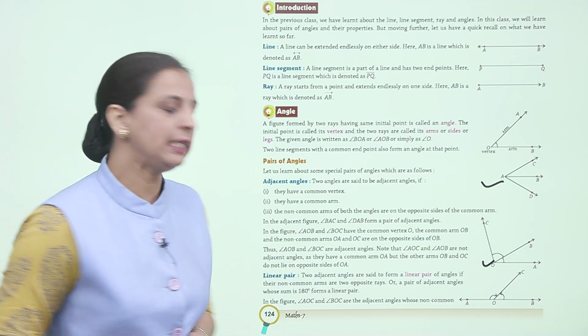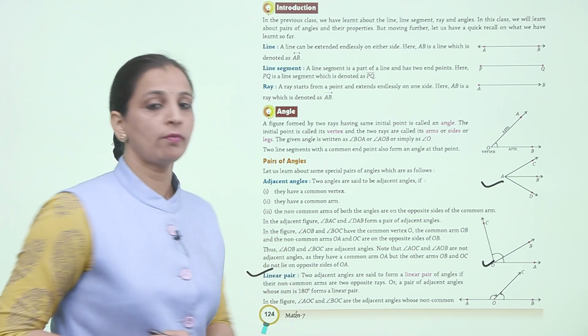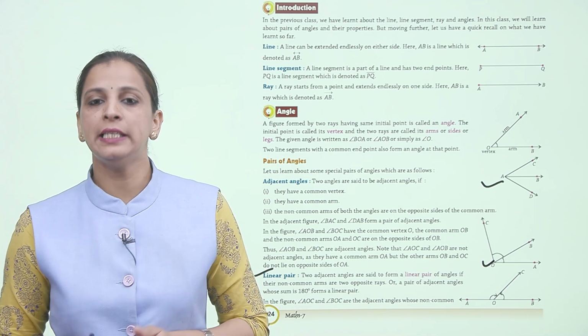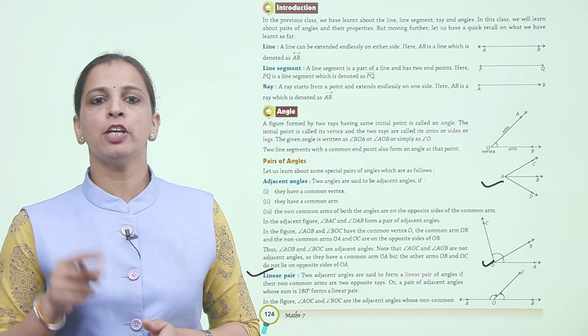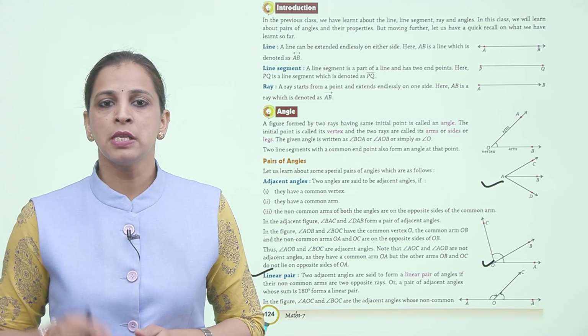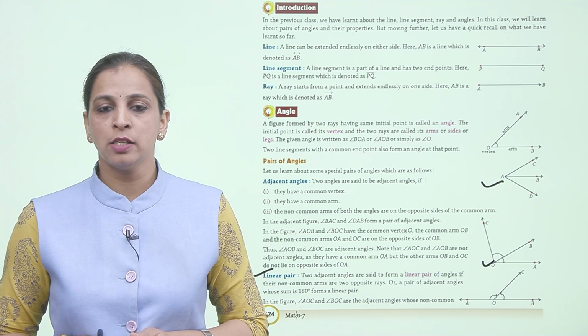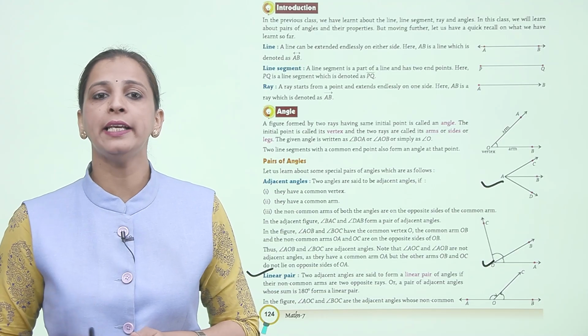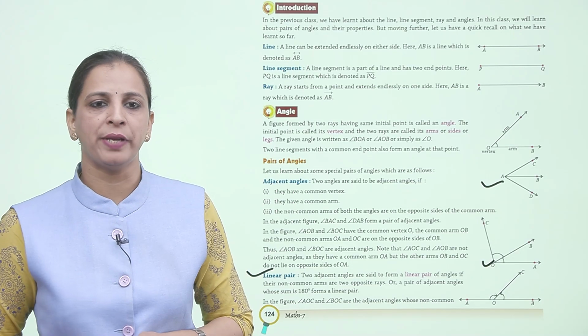Now, next is linear pair. Two adjacent angles are said to form a linear pair of angles if their non-common arms are two opposite rays, or a pair of adjacent angles whose sum is 180 degree form a linear pair like this.